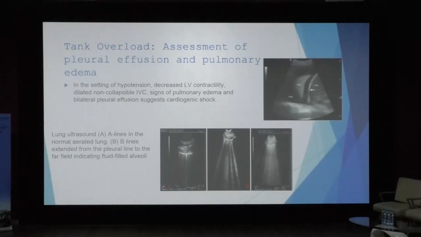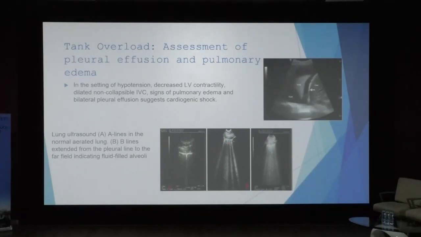Now, previously it was taught that air is a very poor conductor of ultrasound, but now whatever artifacts we see with ultrasound, we are getting information and utilizing it in day-to-day practice. Normally, if you put the probe on a normal lung, we see lines called A lines.